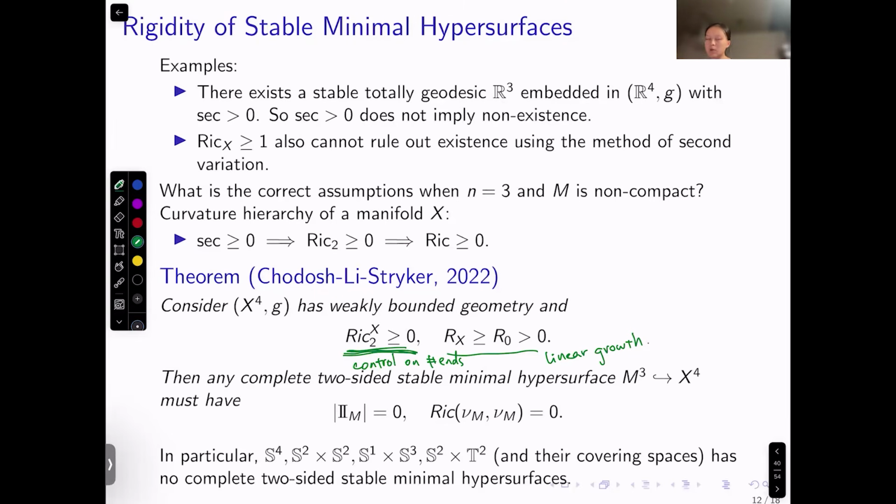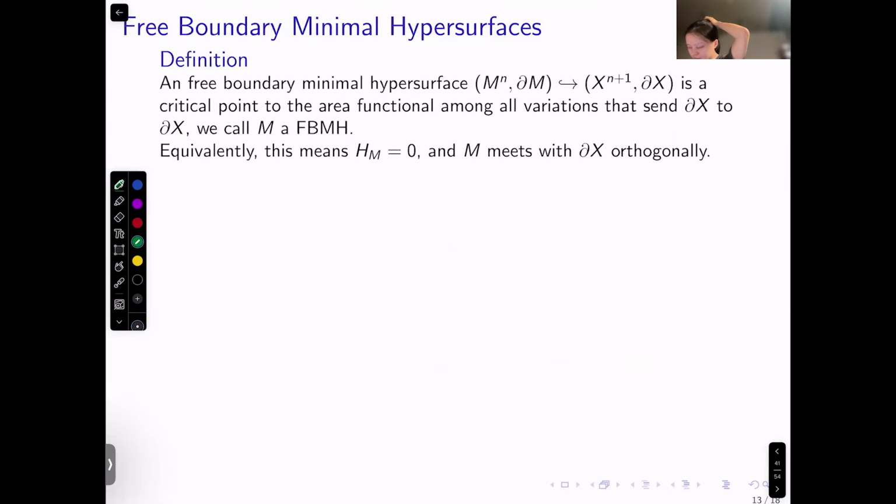Combining these two, any stable minimal hypersurface in there has to be totally geodesic. So in particular, you can take covering spaces of S2 times S2, S1 times S3, and S2 times T2. Then you can prove that there's no complete two-sided stable minimal hypersurface in there.